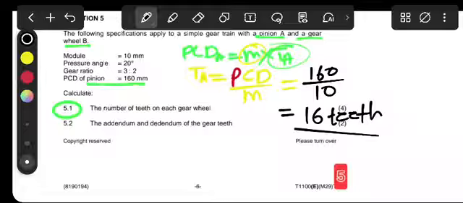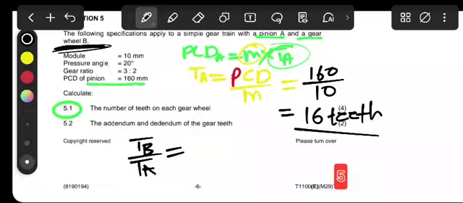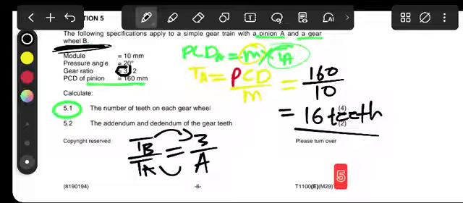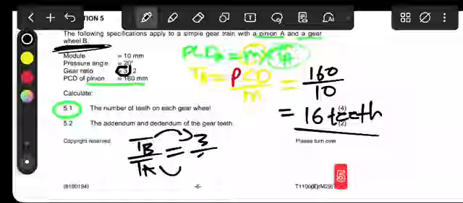So we can use the ratio now. TB over TA. TB is the wheel, and the wheel is big, guys. So the big wheel corresponds with 3, and the small one corresponds with the small one, 2.